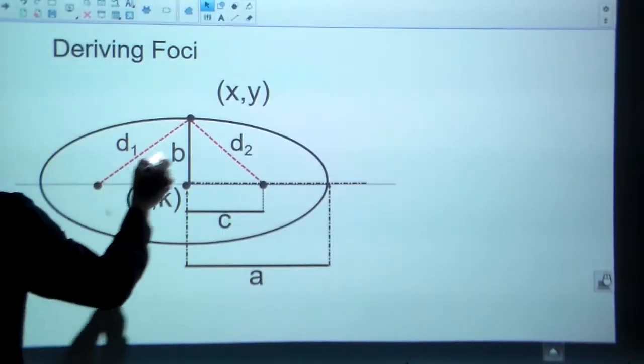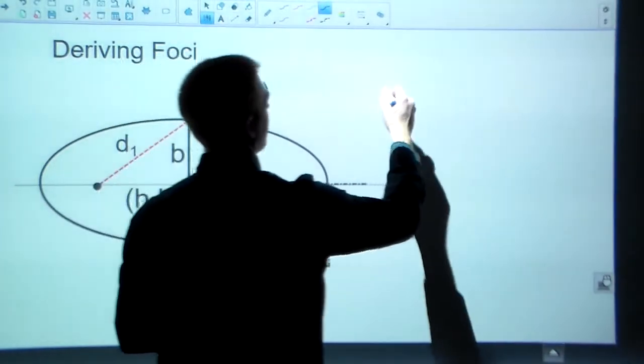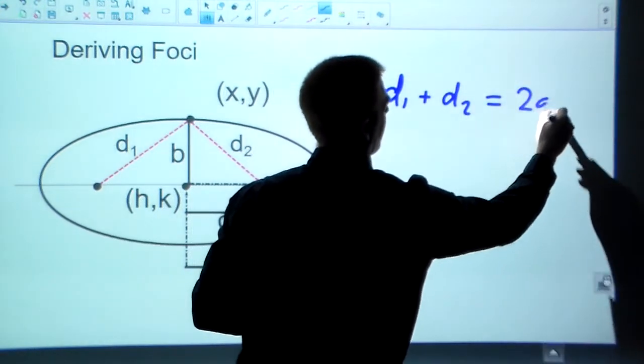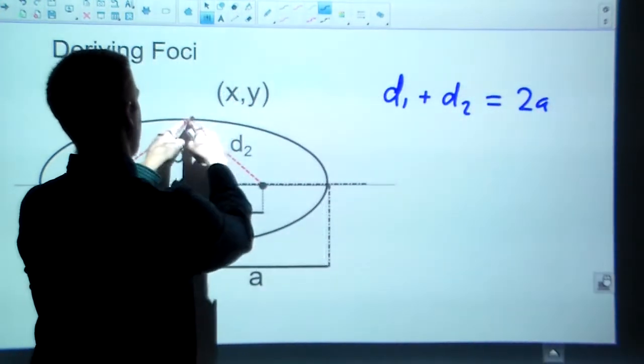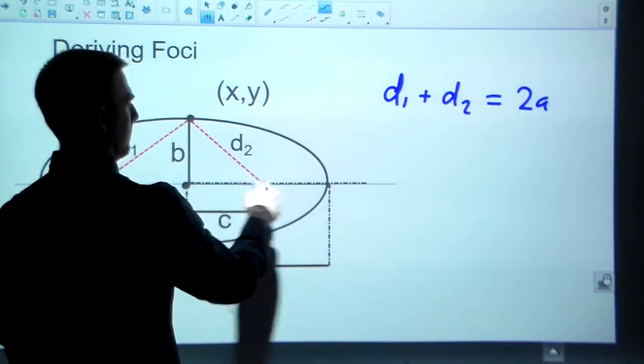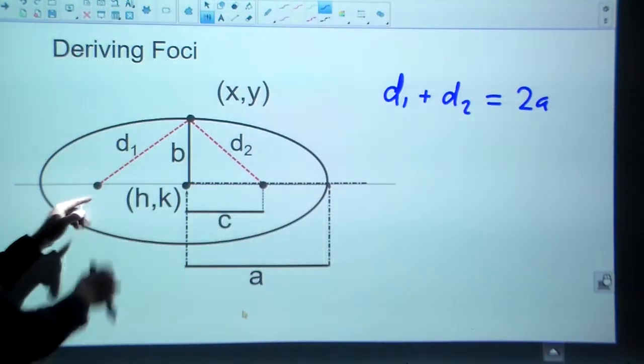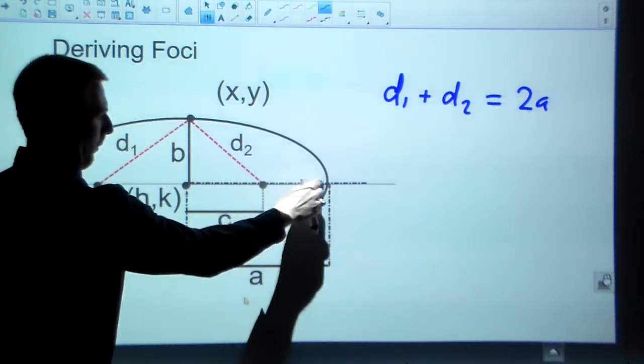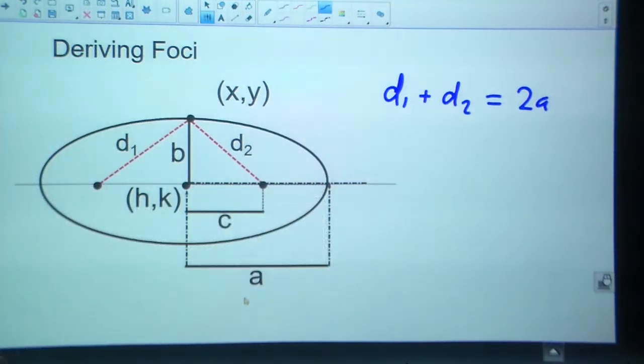So we'll flash back to here, and this is a statement that has got to be true because of that. The two distances added together have to equal this entire distance across here. So again, that distance plus this one has to equal this distance all the way across. That's what I just showed you from that Desmos.